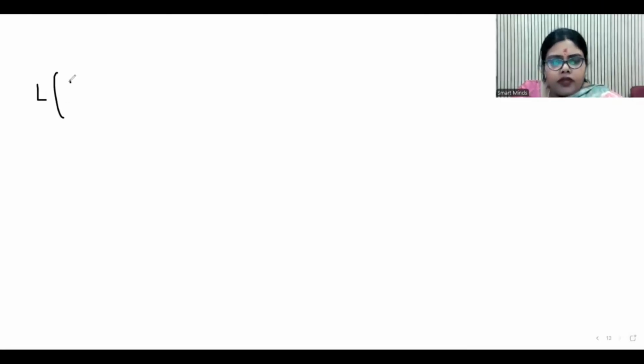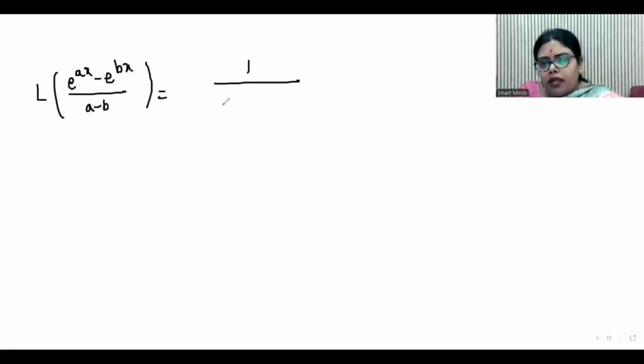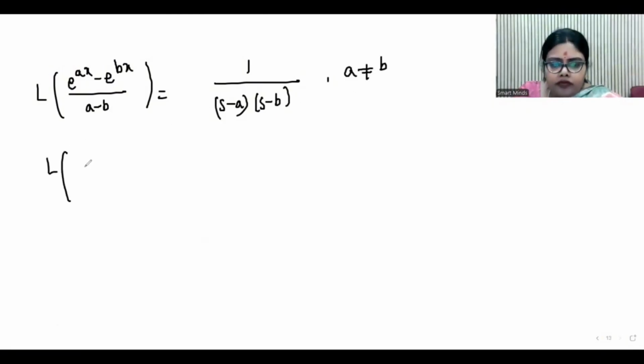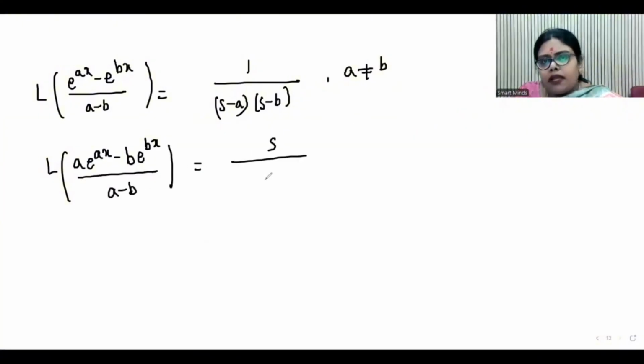Now L of (e^(ax) minus e^(bx)) by (a minus b) is 1 by (s minus a)(s minus b), where a is not equal to b. L of (a e^(ax) minus b e^(bx)) by (a minus b) is s by (s minus a)(s minus b), where a is not equal to b.